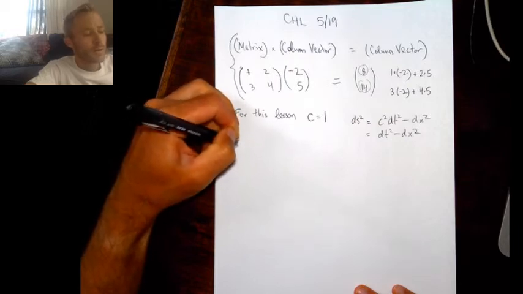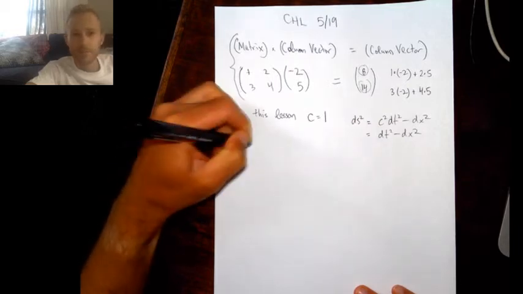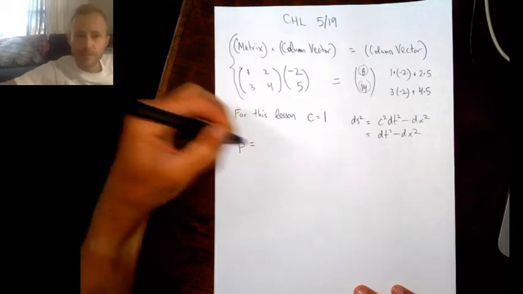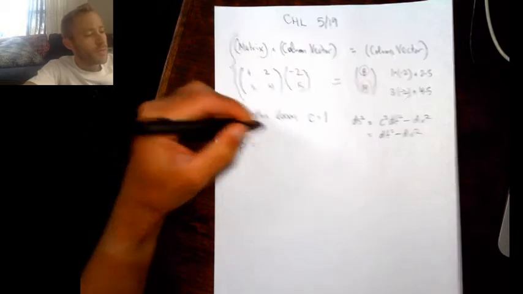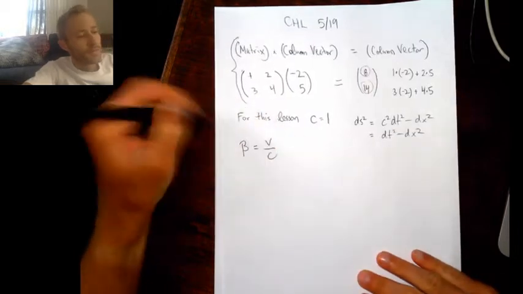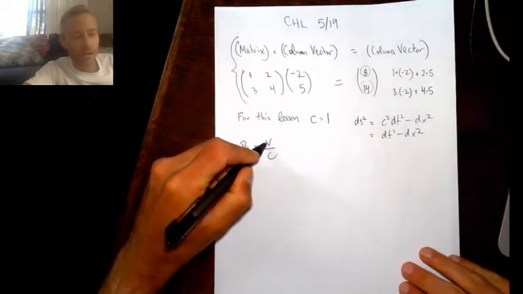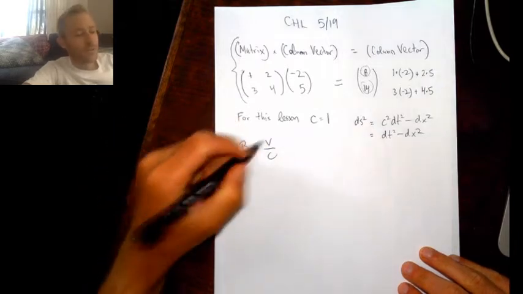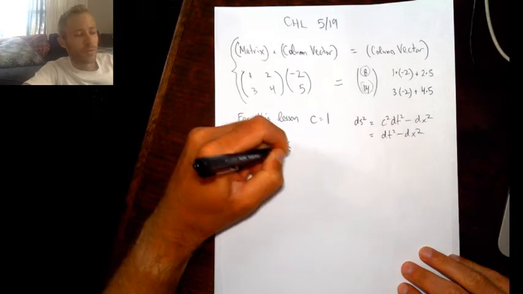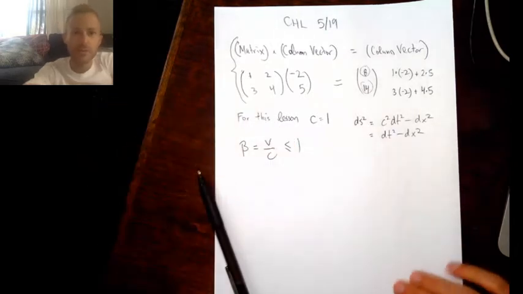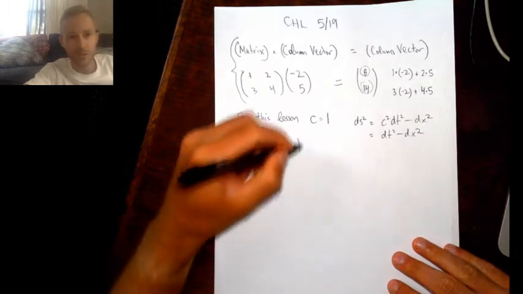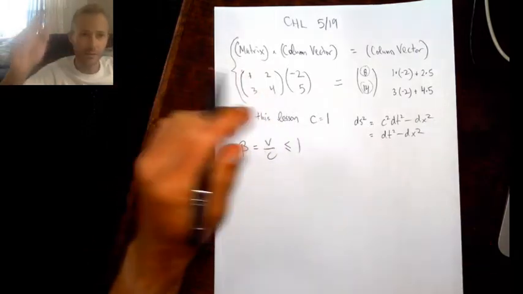I'm going to define beta, the relativistic beta, which is v over c, the speed of the object divided by the speed of light. So your beta is always going to be less than or equal to 1 because nothing can go faster than the speed of light. Or I should say that its absolute value is less than or equal to 1, because you can go negative, of course.